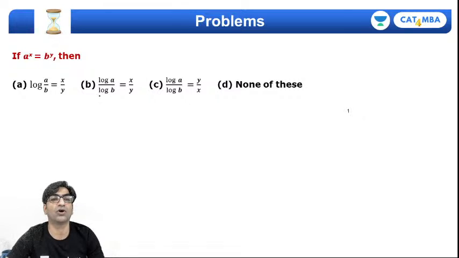Remember, I have log a, right? A power x equal to b power y, और अगर मैं ऑप्शंस देखूं तो सब में log लिया तो हुआ है, बट बेस उसका 10 है.